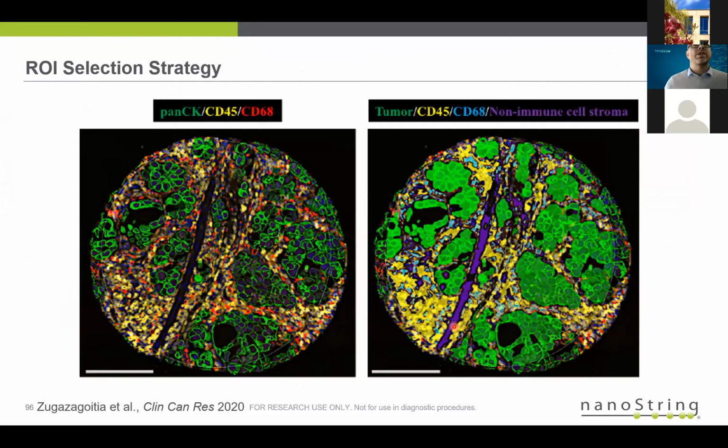On the left, you see the fluorescently labeled antibodies to help drive ROI selection. On the right, they put a mask over the fluorescence, and you can see that they compartmentalized the tumor area, the CD45 positive area, and CD68 positive areas, illuminated those separately, and then those separate illuminations could be compared against each other, along with the reproducibility slide to slide and between cores on the same slide.